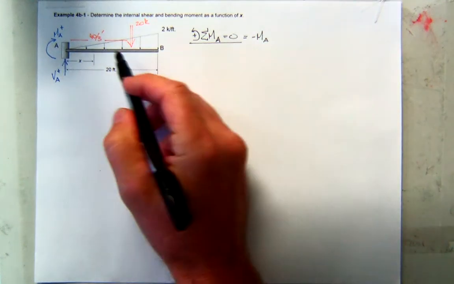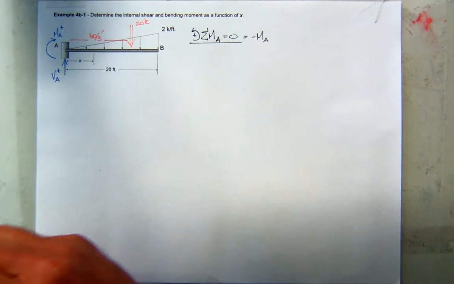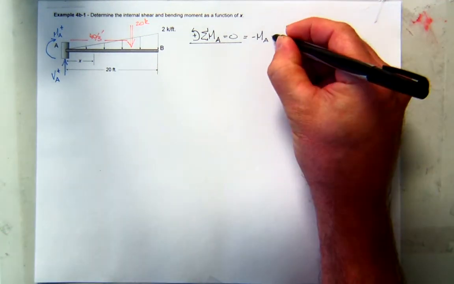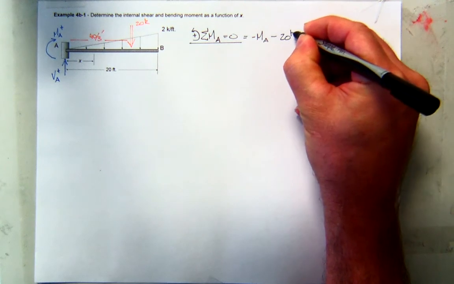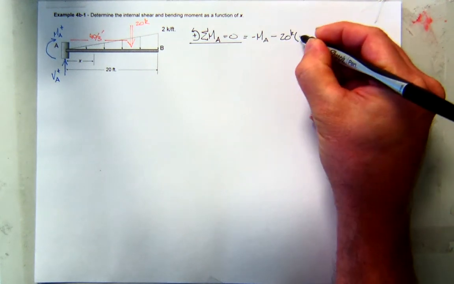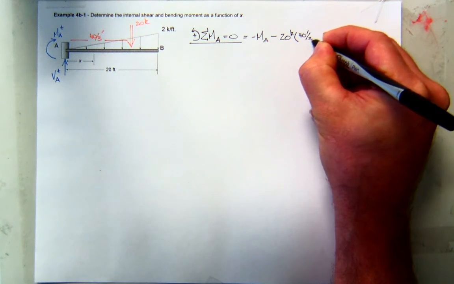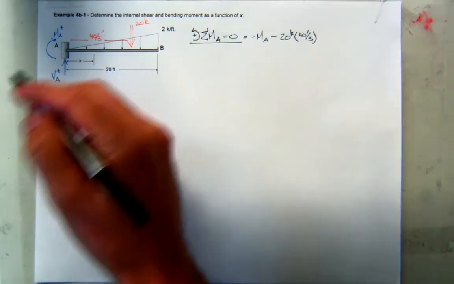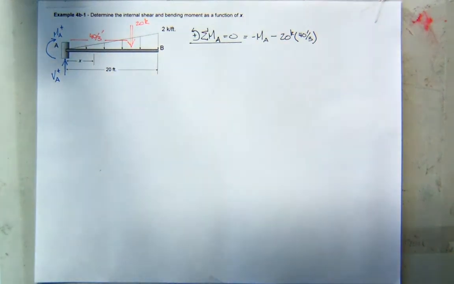About A, my concentrated equivalent force is going to create what kind of moment? Positive or negative? Also negative. So it would be negative moment. The force is 20 kips and the distance is 40/3 feet. Anything else? Well, the shear force doesn't create moment about A. It passes through A. So that's it.